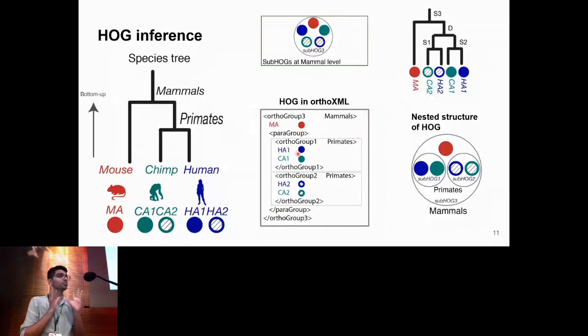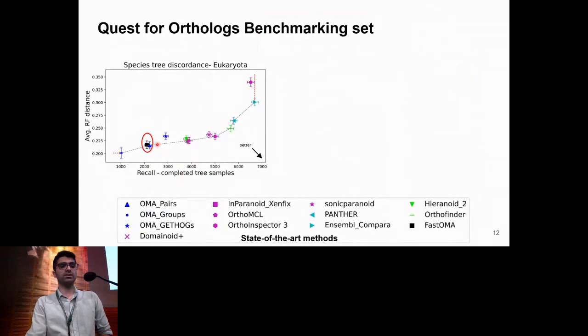So to benchmark our method, we use the QFO, Quest for Orthology, benchmarking dataset. And here we can see FastOMA in black, which is on the Pareto front, and the results are quite comparable to the rest of the methods.